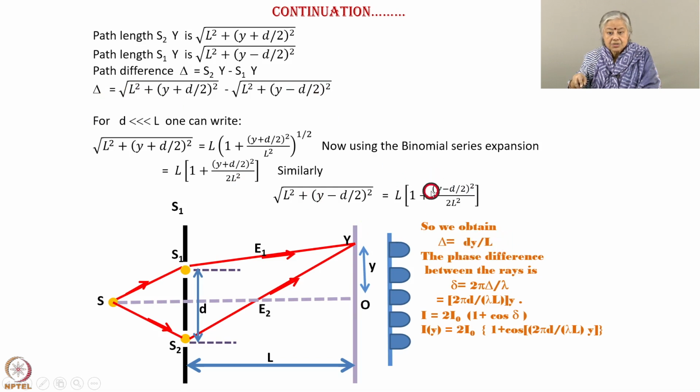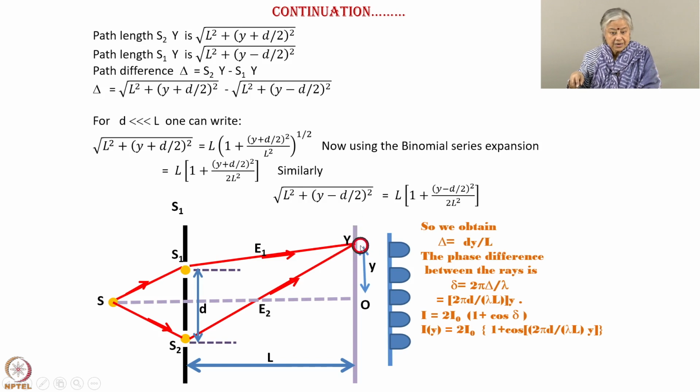Here y is this distance. That means the distance from the center point between the two slits on the screen to the point at which you are trying to measure the interference pattern or check the intensity.